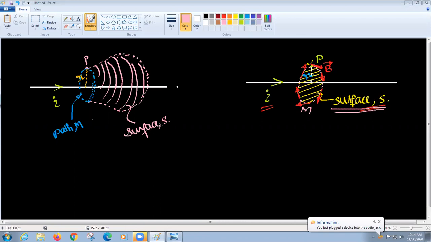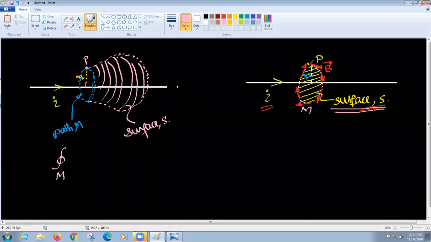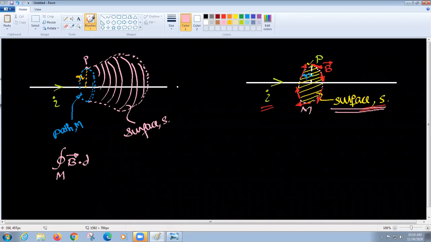So therefore, what I do in this case is I just take this as my path. The mouth of the balloon is like my path. I try to find my B dot dl along this path, and this is mu naught I, and there is no second thought again.